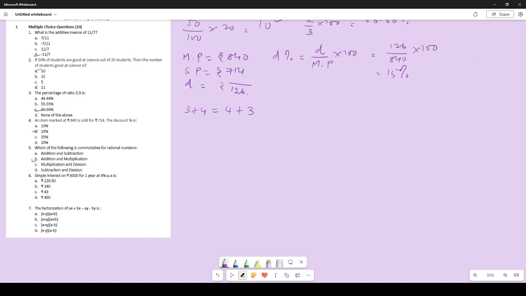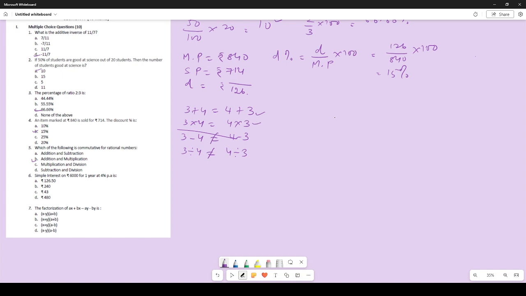That is what commutative means. 3 into 4 is the same as 4 into 3. But 3 minus 4 is not the same as 4 minus 3, and also 3 divided by 4 is not the same as 4 divided by 3. That's why it is commutative just for addition and multiplication.